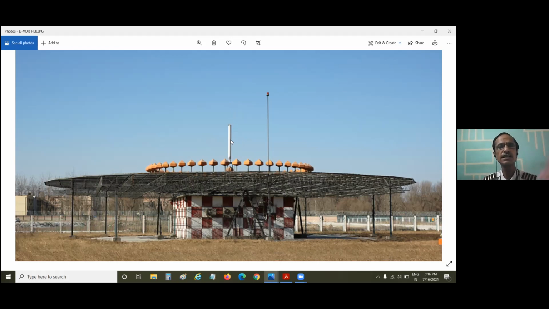So you get a permanent magnetic north of the VOR, because there is hardly any space between two signals. Constantly you will get a beam pointing towards the magnetic north of the VOR. So magnetic north of the VOR is ascertained with the help of radio signals, right?